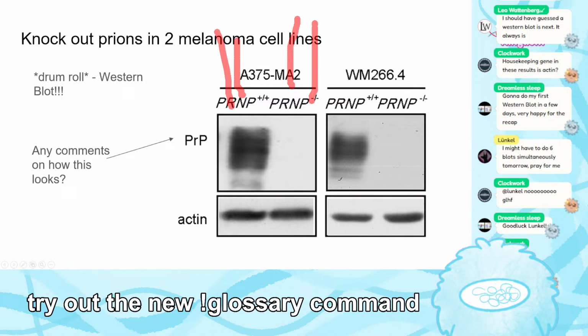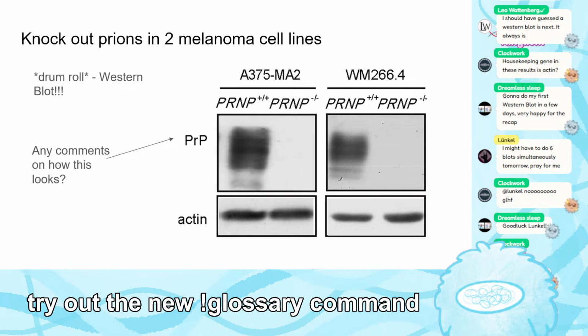Do we have any comments on how this looks? I don't know how many of you are actual biologists. I told you that the darker the band, the more protein you have. That's certainly true, but this one's for anyone who has run a Western blot: does this band look funny to you?